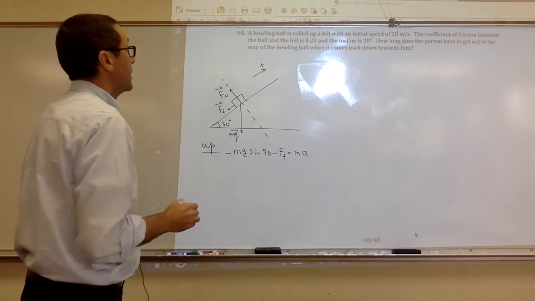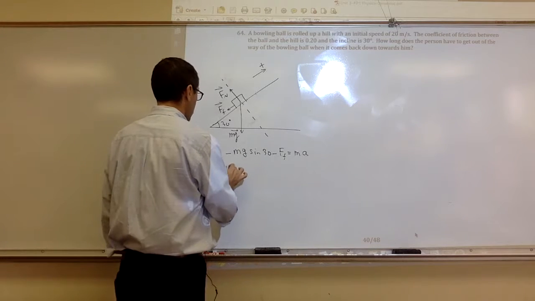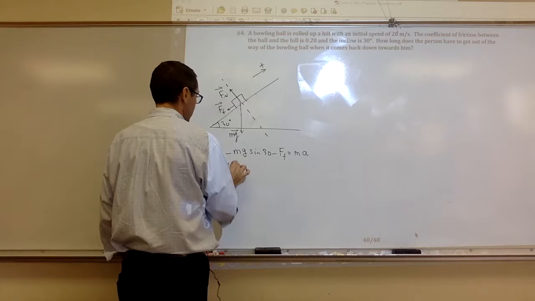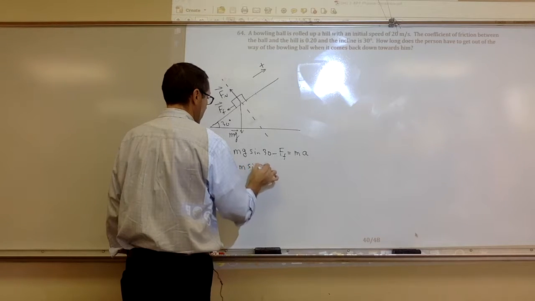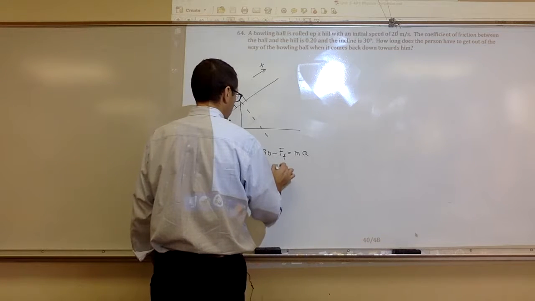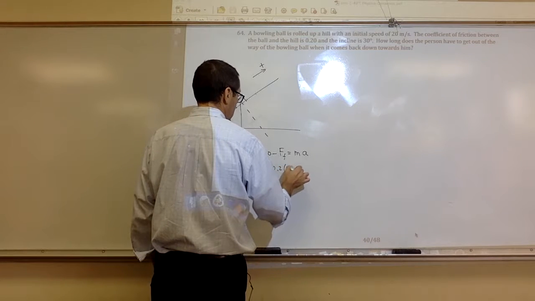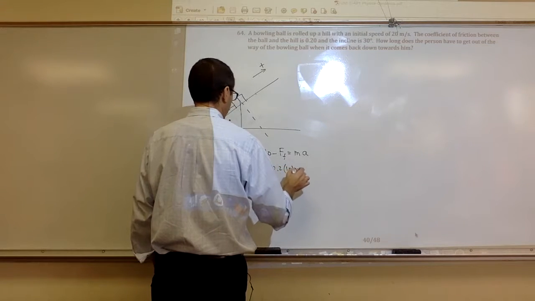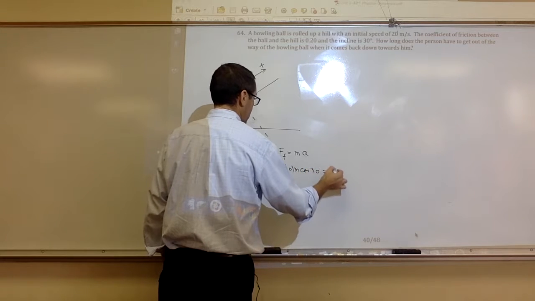Right? And here we're not given the mass, so hopefully it will cancel out somewhere. So this is negative 10 m sine 30. Now Ff is mu, which is 0.2, Fn, which is mg, that's 10m cosine of 30, equals the mass times the acceleration.